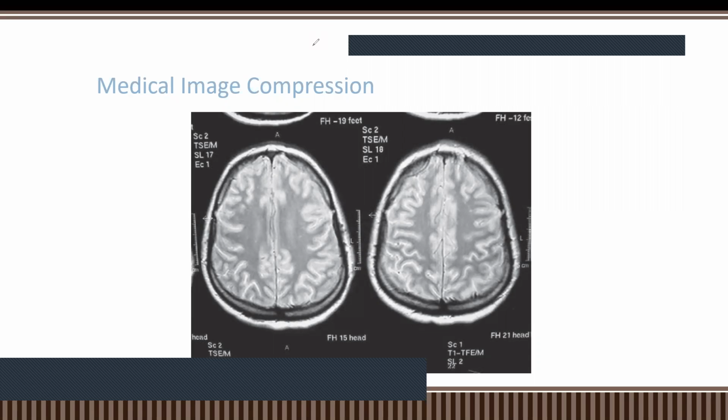But in the case when the signs or traces of any disease, symptoms, are present inside the image, then we say that this image has a diagnostic value, or diagnostic information is present inside that image. So the medical experts do not want to compress that information, and they want to preserve the diagnostic information as it comes out of the modality.